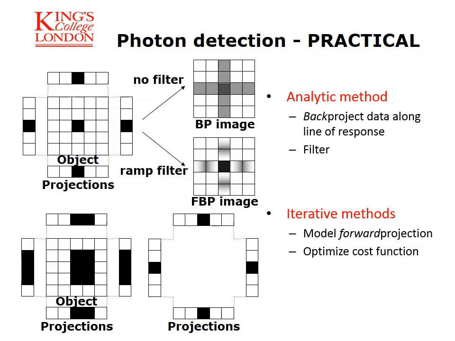If different, the hypothetical image is then changed in some clever way, and the simulated projections are generated again. The process is repeated until the simulated object generates projections that are pretty close to the original data. This method is called iterative reconstruction.